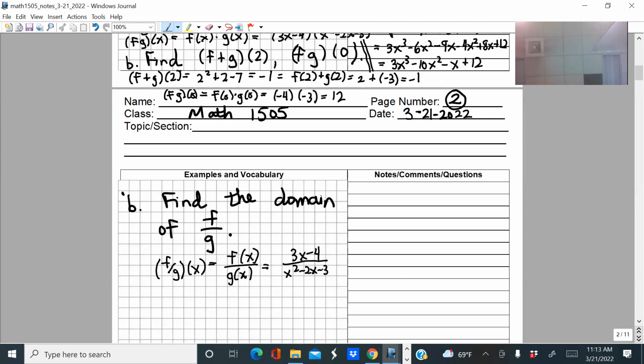Okay, let's see. So x squared minus 2x minus 3, set that to 0. Don't worry about the top, just the bottom. Set that to 0 and solve that equation.